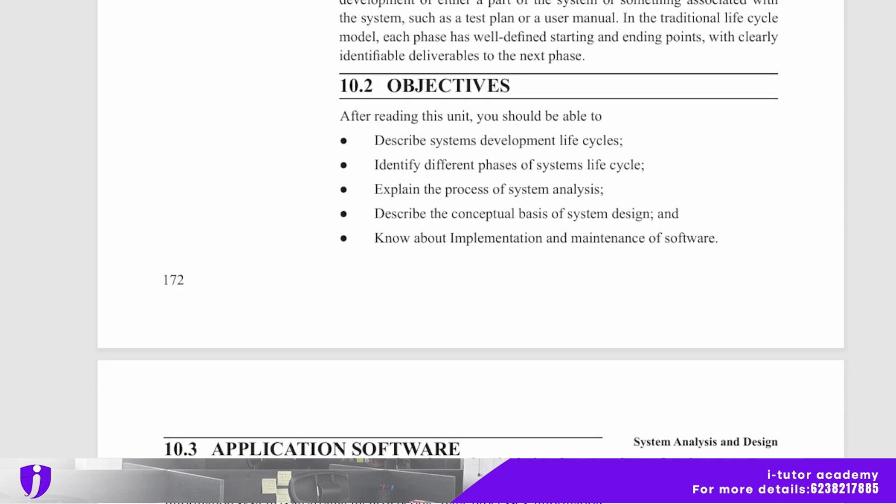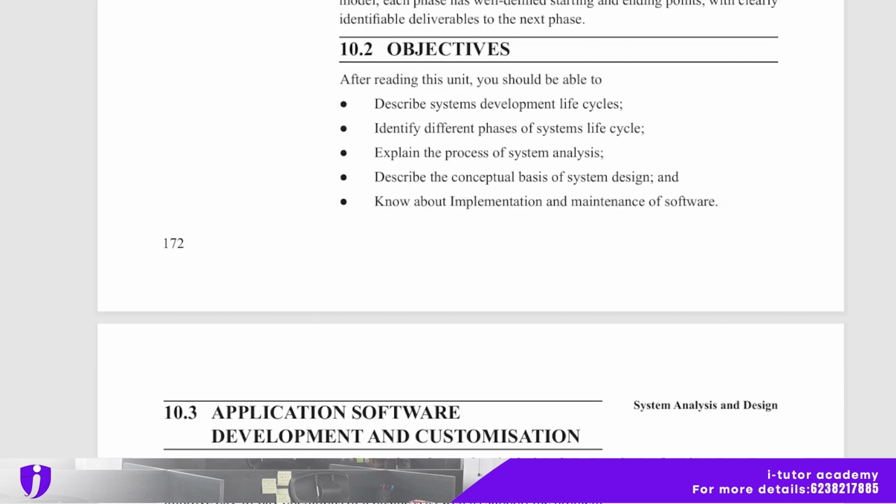The objectives of this unit are: describe systems development life cycles, identify different phases of the systems life cycle and explain the process of system analysis, describe the conceptual basis of system design, and know about implementation and maintenance of software.